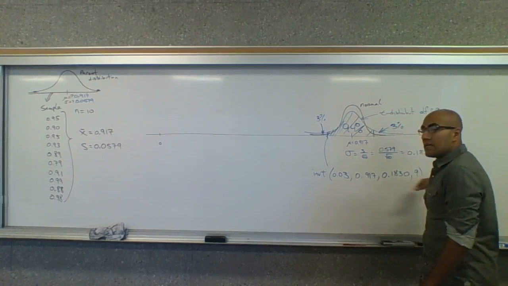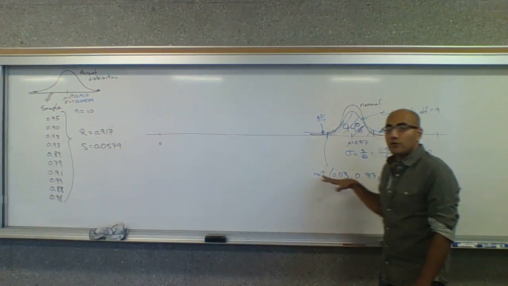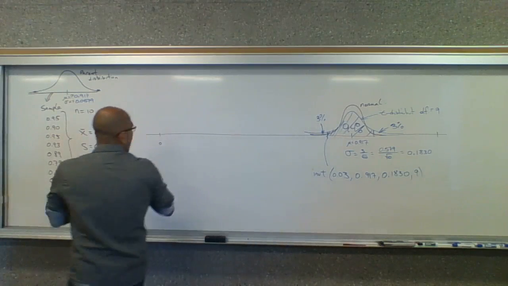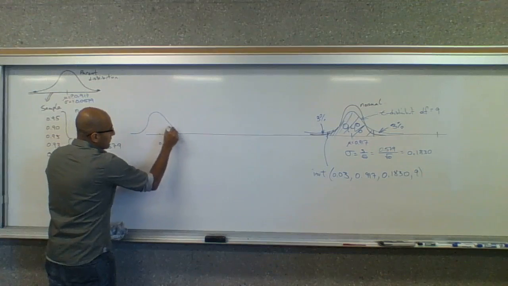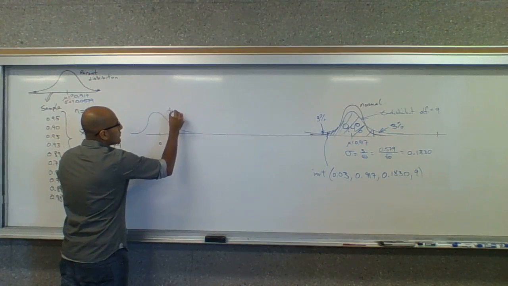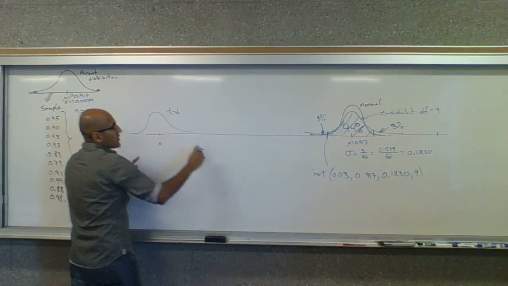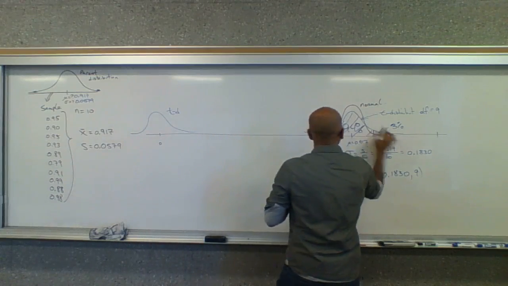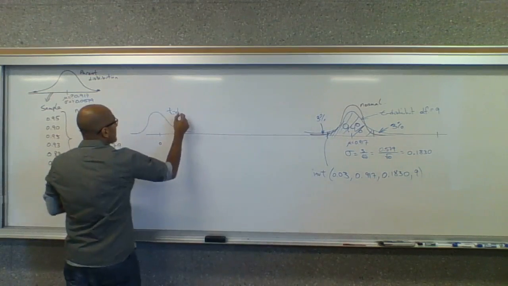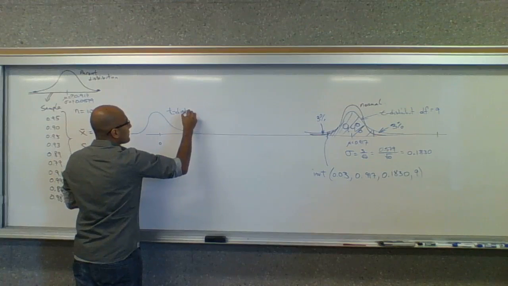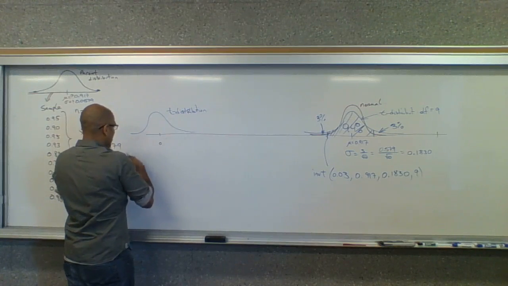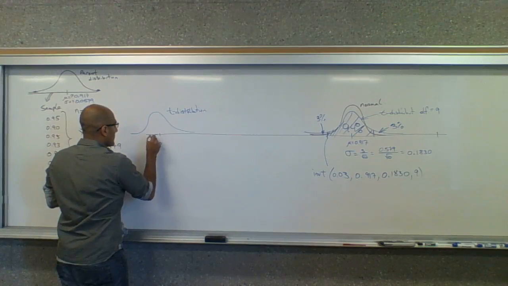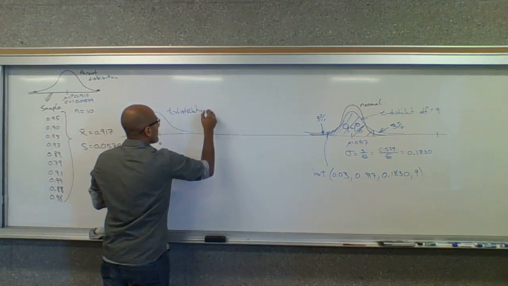We have to go back to the standard t distribution, which is centered at 0. It's a t distribution. Now remember, the t just refers to the shape. So this shape right here is the same as this shape right here, except it's centered at 0, with degrees of freedom equal to 9.